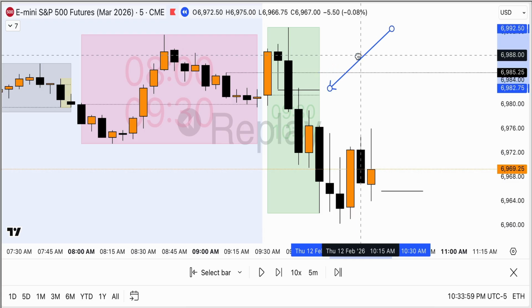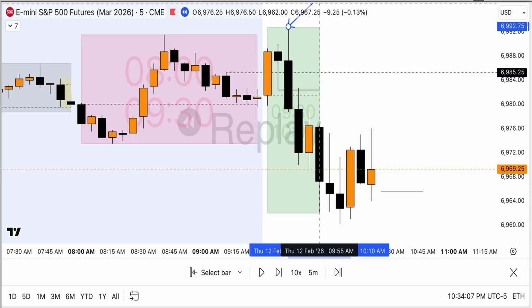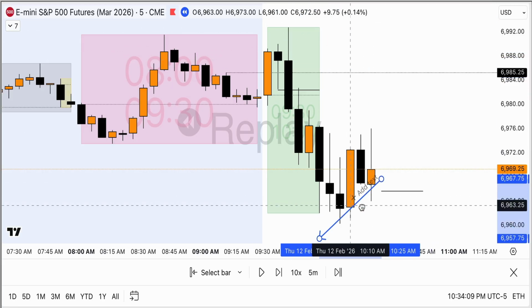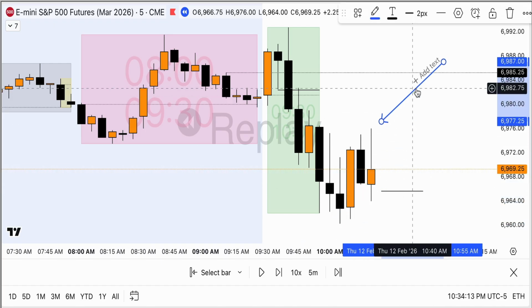This is why I say I wait 30 to 45 minutes to get the direction. What I mean is I need a swing high on the 5 minutes and a swing low. Without the swing high and swing low, I don't have a direction. If I don't have a direction, I cannot move to step two of the model.